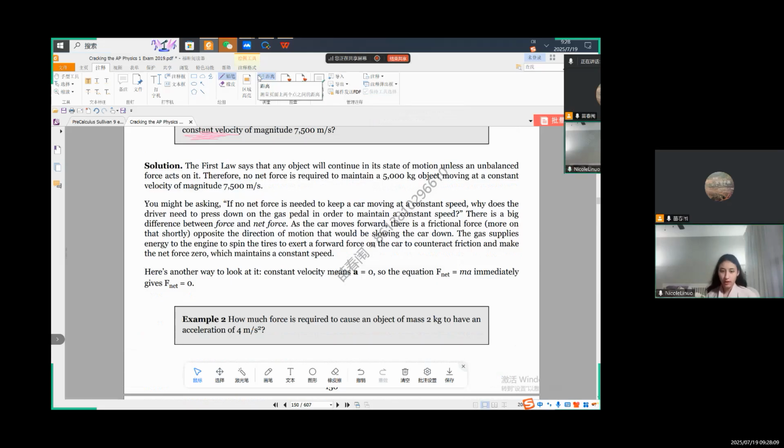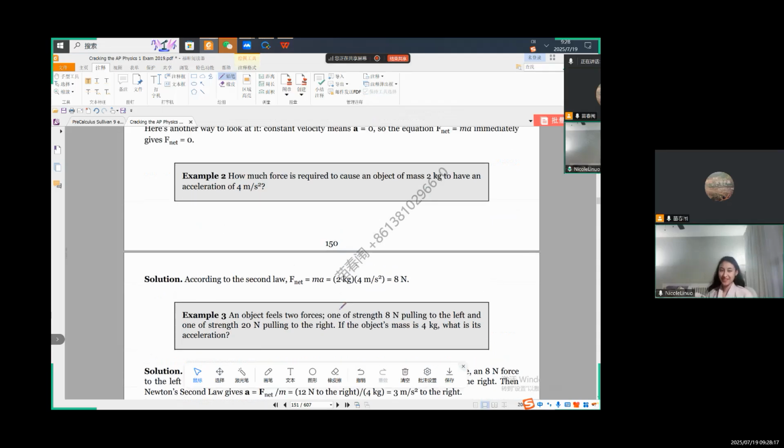Yeah, this one is totally sigma F equals ma, right? I almost squared 4 and was going to say 16. I was like, what?